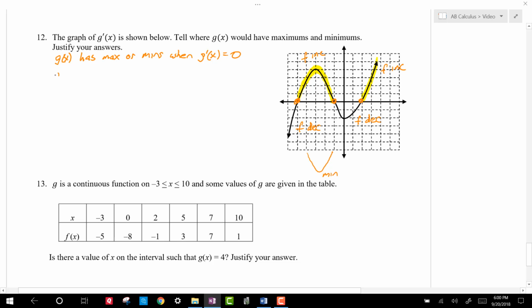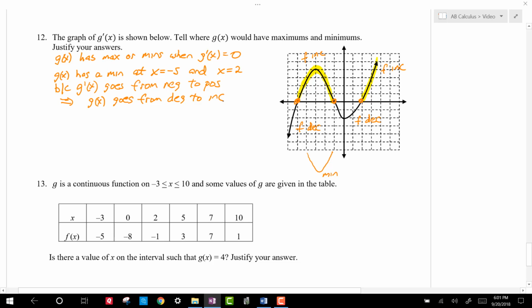So g of x has a min at x equals -5 and x equals +2 because, oops, it's not f prime, g prime, sorry, because g prime of x goes from negative to positive, which then implies that g of x goes from decreasing to increasing.